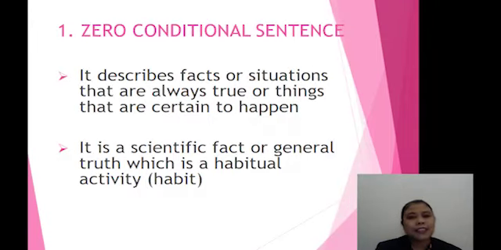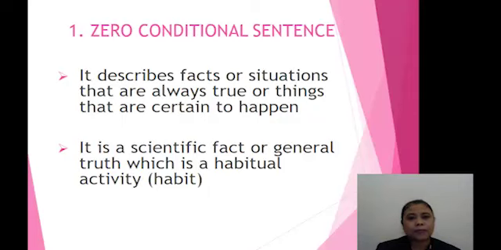Zero conditional sentence describes facts or situations that are always true or things that are certain to happen. It is also a scientific fact or general truth, which is a habitual activity or habit.